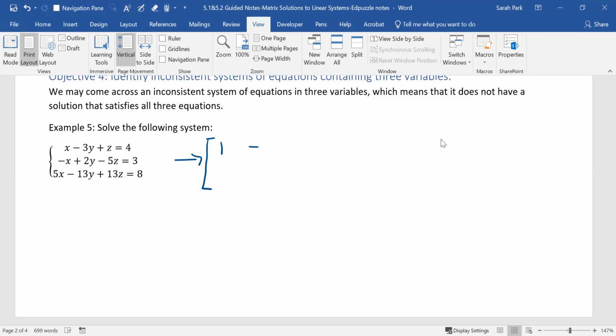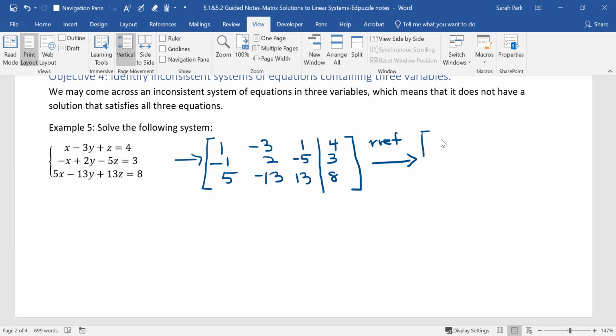Okay, so 1, -3, 1, and then 4. We have -1, 2, -5, 3, and 5, -13, 13, and 8. We're going to use the reduced row echelon function in our calculator. Okay, so let's head back to our calculator and then put that matrix in.